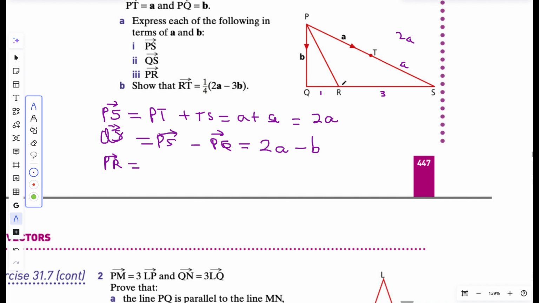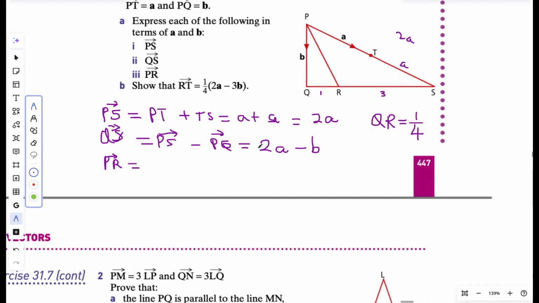So first of all, find QR. QR is 1/4 of whatever you got for QS. So we say QR is equal to 1/4. Why do we say 1/4? Because the whole QS is 4 segments. So you say 1/4 of whatever we got for QS. What did we get for QS?